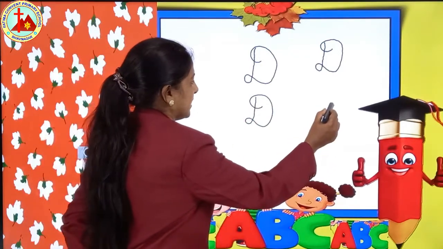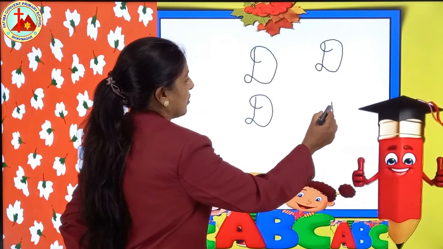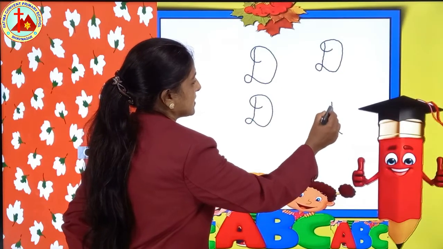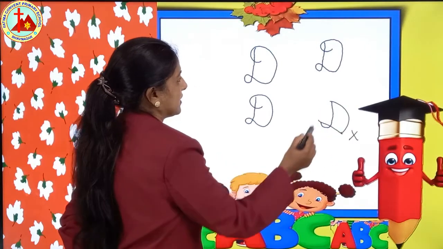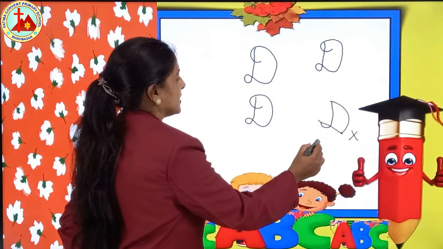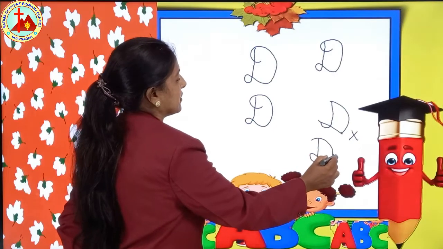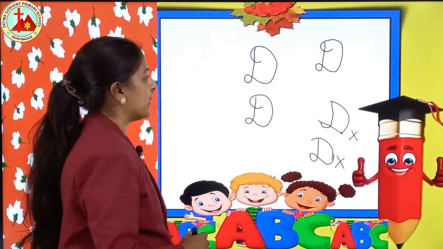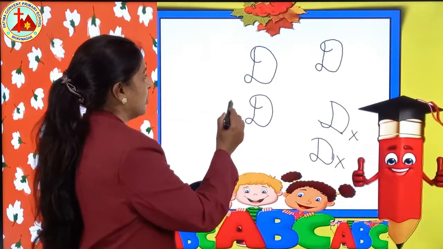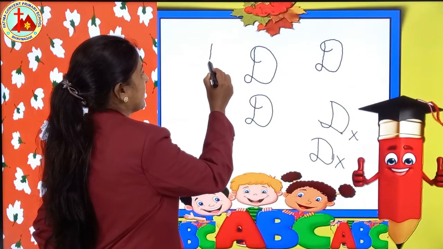And children, you don't have to lift your pencil or write like this, or again like this. This is the wrong method, and this is also the wrong method. Without lifting your hand, without lifting your pencil, you have to write how Miss is writing.